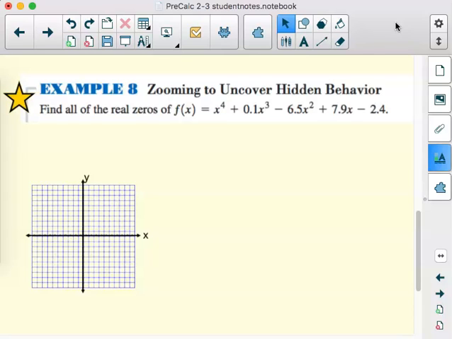So we want to make sure we can graph x to the first, x to the second, x to the third, any degree polynomial that we have, and talk about the end behaviors and the zeros and use that intermediate value theorem and model the polynomial functions.